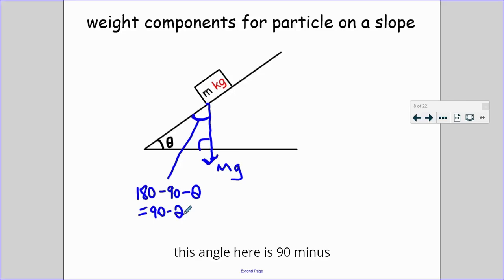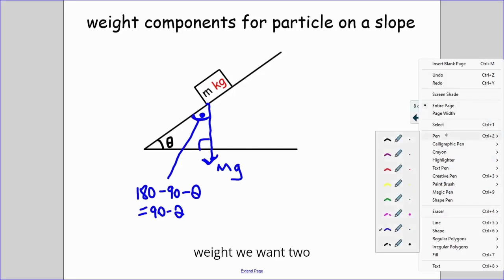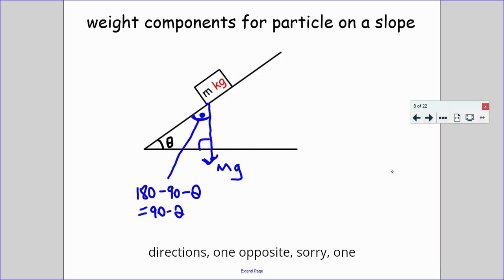Okay, so this angle here is 90 minus theta. Okay, now the weight, we want two directions. One is right angle to the slope, okay, and one in the direction of the slope, like that. So we want to convert the weight into these two directions.